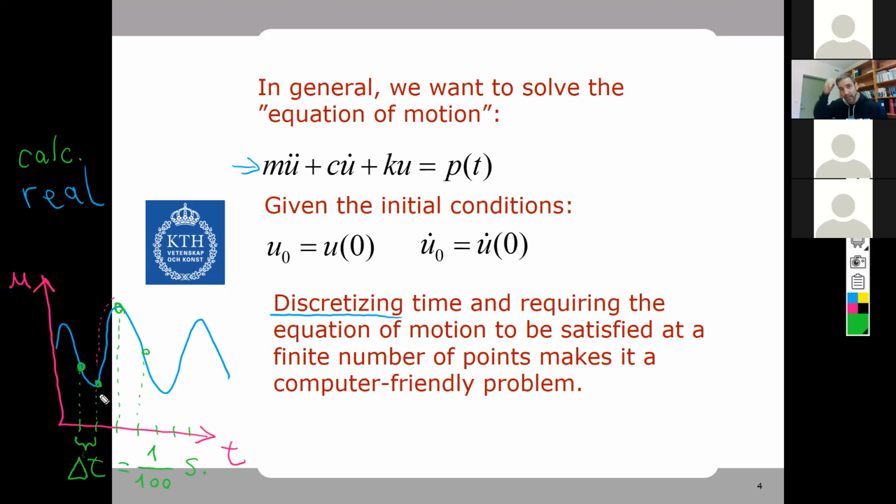And ideally, the structure cannot go very far in 1/100th of a second. So by choosing a delta t small enough, our result, which will only be valid at certain points, will be good enough from an engineering perspective, because we don't want the mathematical solution to this equation to be perfectly exact. We just want an approximation that is good enough for our engineering purposes. Okay.